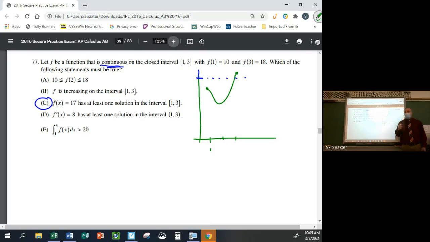MVT only works for differentiable functions. For all we know, suppose this even said 4, the function goes like this. Nowhere between here and here is there a point where the derivative is 4. Here the derivative's greater than that, here it's less than that, and nowhere in there is it undefined. So nowhere here would it be true. So there are 2 reasons why that doesn't work.